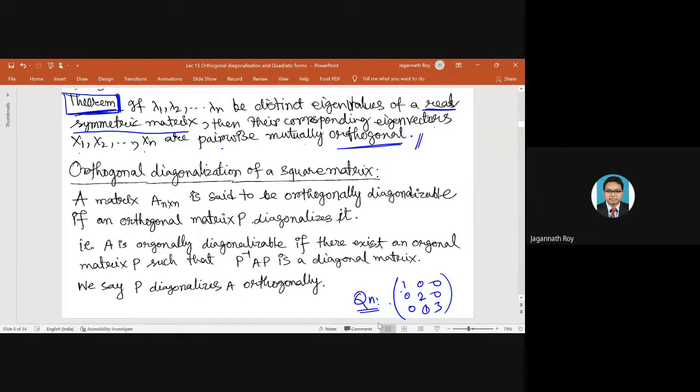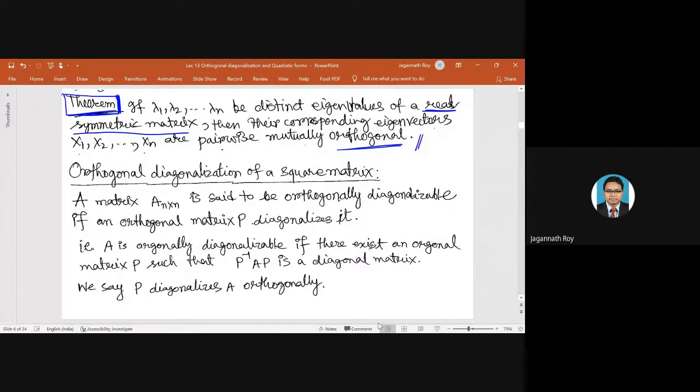If you want to make the length unit, then you have to divide by root 2 or root 3 maybe. So this theorem can be used to find orthogonal vectors.